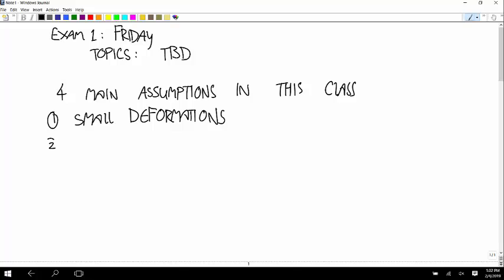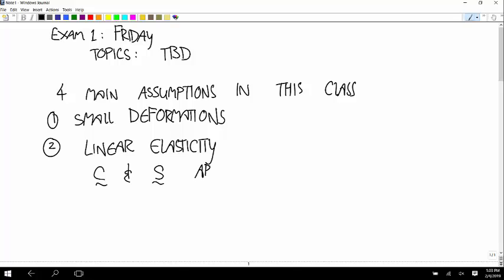We're going to assume linear elasticity, which is the same thing as saying the compliance matrix and therefore the stiffness matrix are constant matrices.